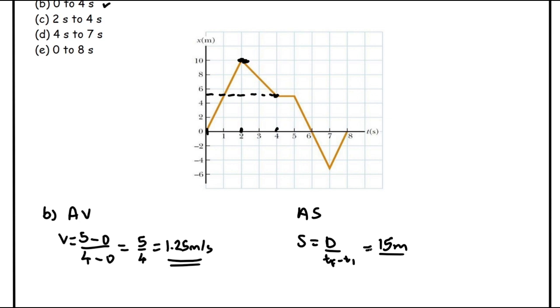The time interval is 4 minus 0. This gives us 15 over 4, which is 3.75 meters per second. So in the second time interval, 0 to 4 seconds, these are the average speed and the average velocity. Let's move on to the third.